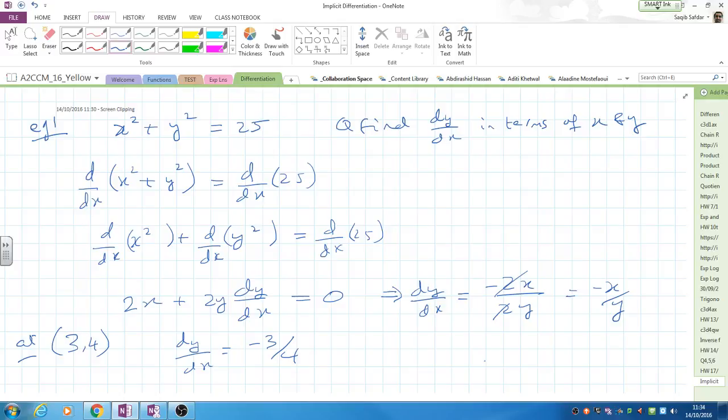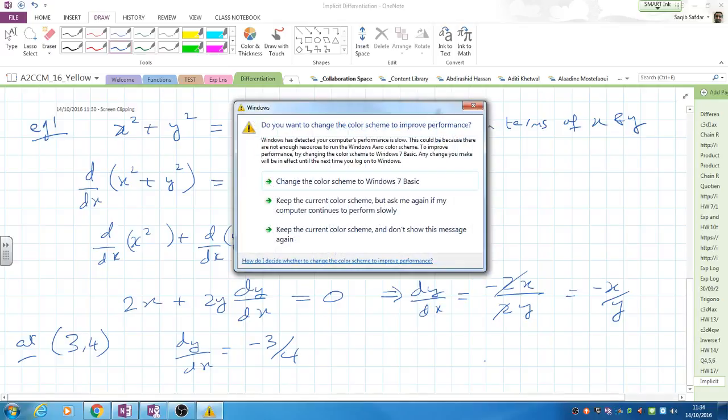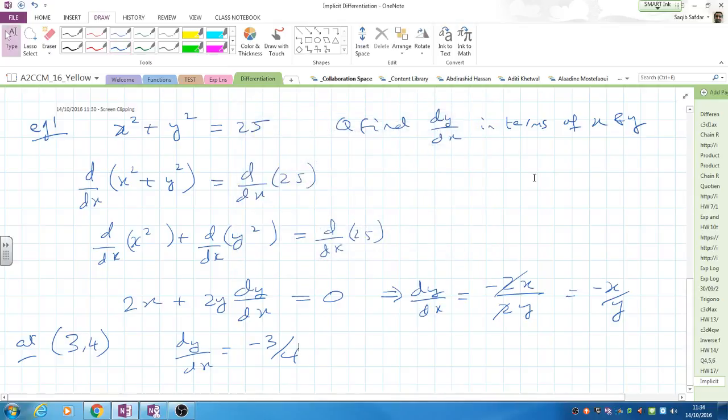When you differentiate them, you therefore get two different gradients, and there's a sense of ambiguity if you try and do it that way. So doing the differentiation implicitly helps us get rid of that ambiguity. You can have a little play around with that, but obviously doing it implicitly makes life a lot easier. You don't need to rearrange it with a plus or minus square root and then try to differentiate that.